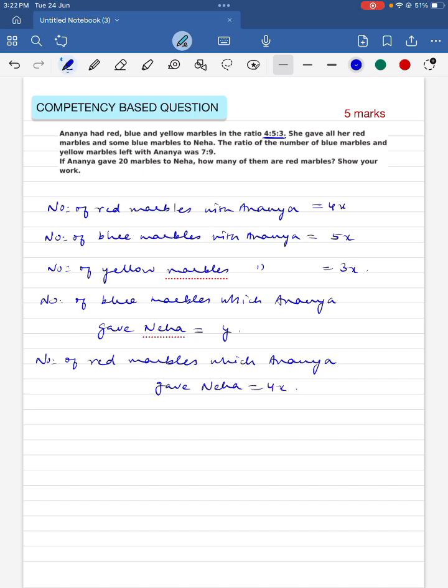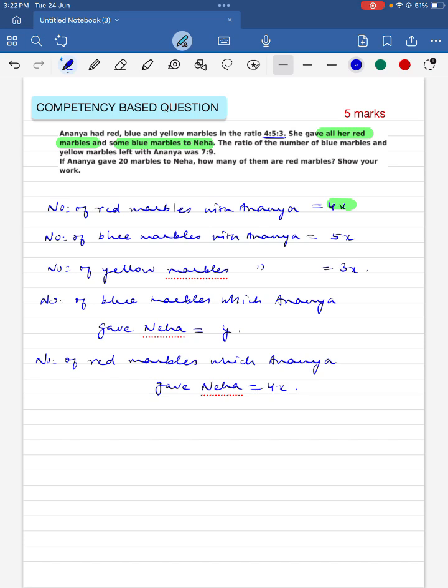Now why is it 4x? Because they've mentioned here that she gave all her red marbles and some blue marbles to Neha. So the some blue marbles I'm taking as y, and all the red marbles I'm taking as equal to 4x, because that's what we had assumed as the number of red marbles with Ananya.